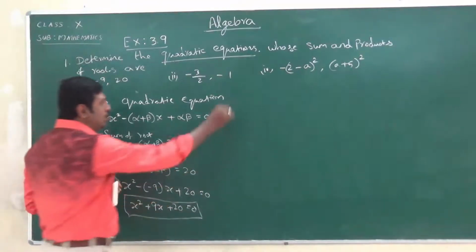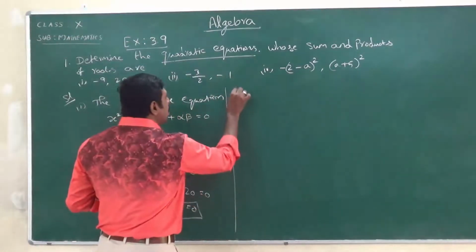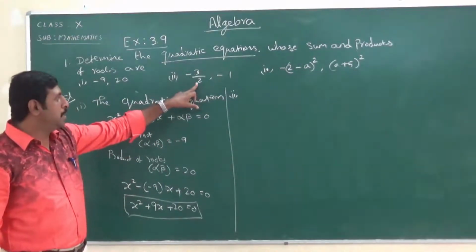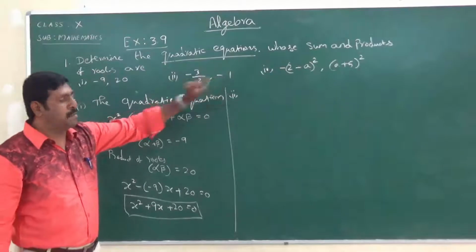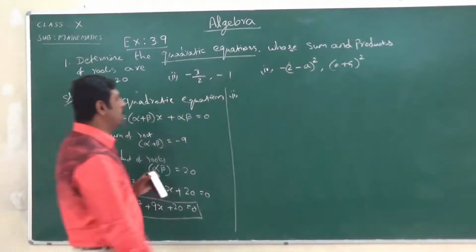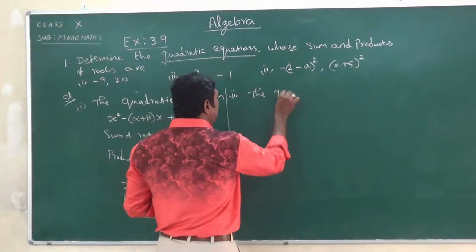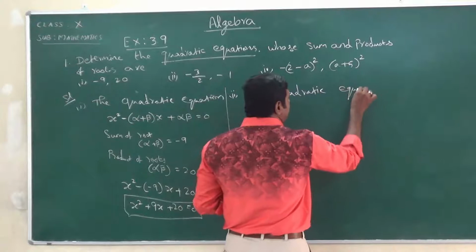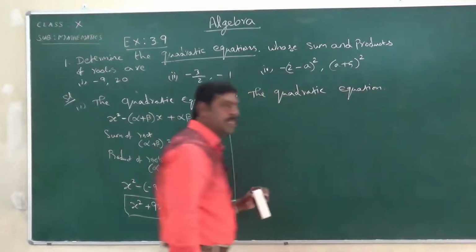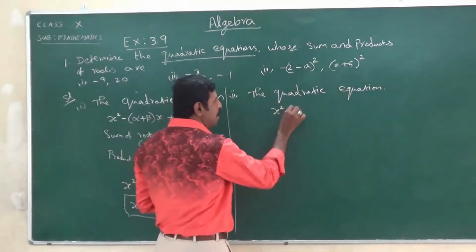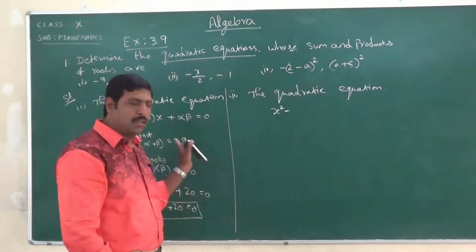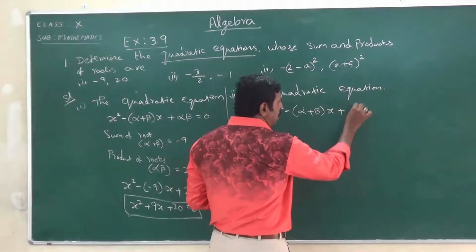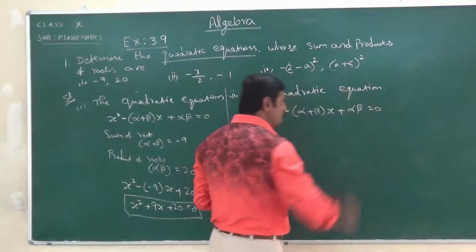Next we see the second Roman number. For the second Roman number, the sum of the roots is given as minus 3 by 2 and the product of the roots is given as minus 1, and then the quadratic equation. The quadratic equation is x square minus, either we can use the word or use the symbol, alpha plus beta into x plus alpha into beta is equal to 0.